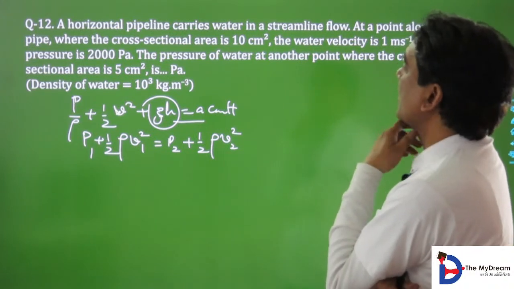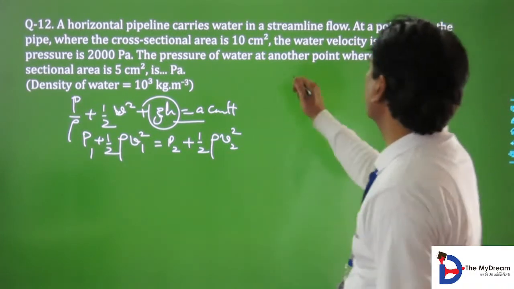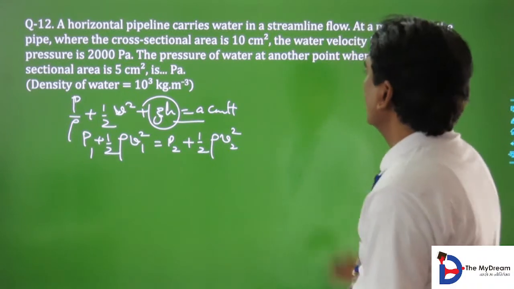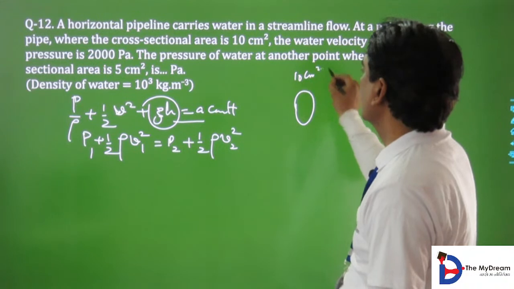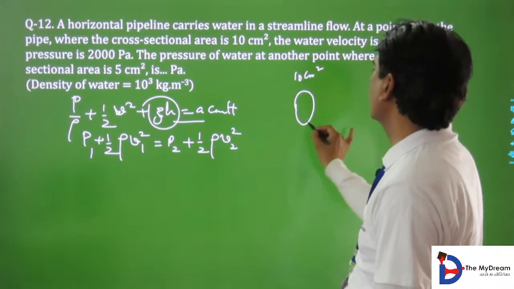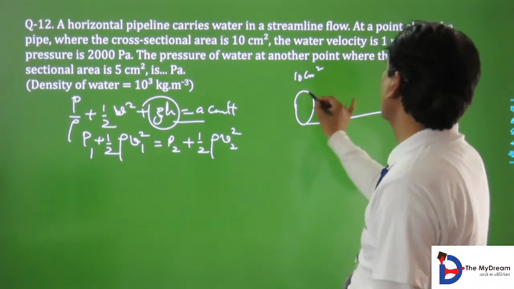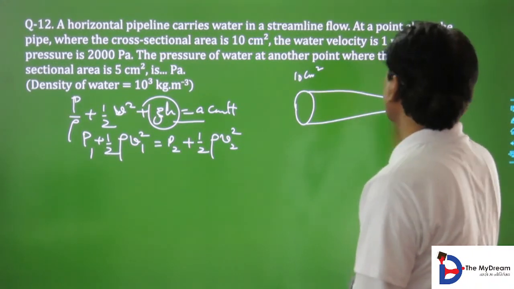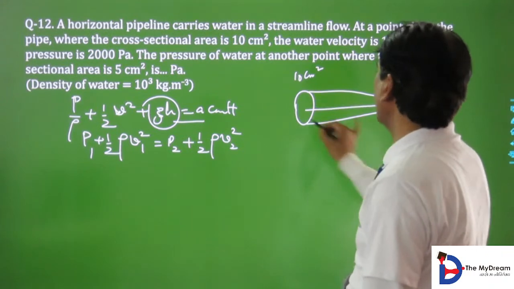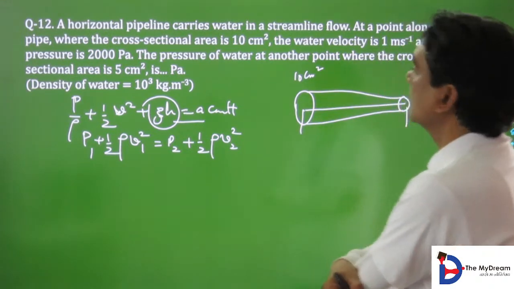The pressure of the water at another point, where the area is 5 centimeter square, lies horizontally.